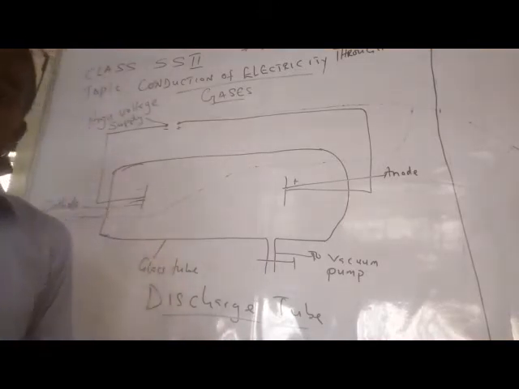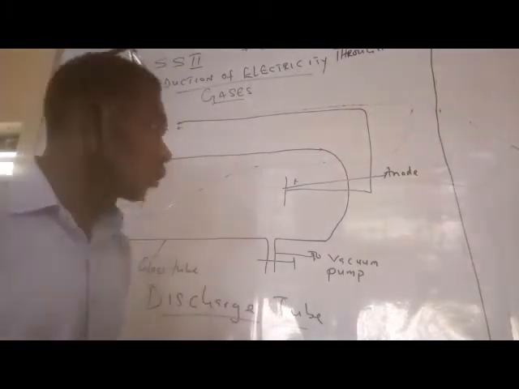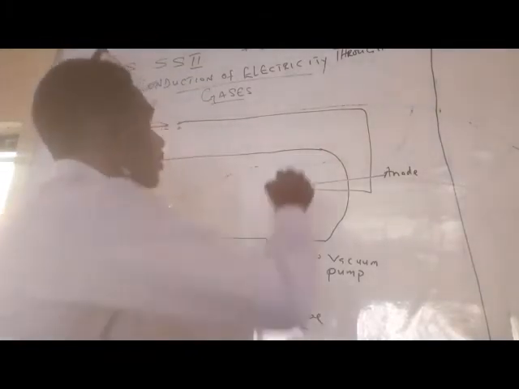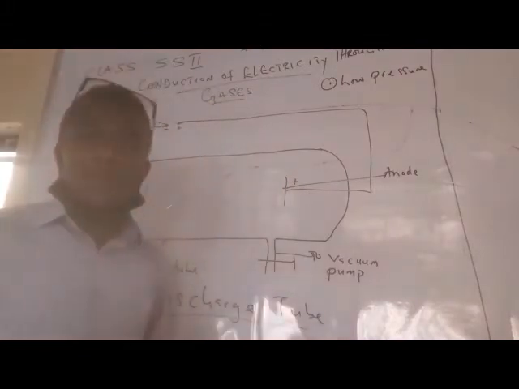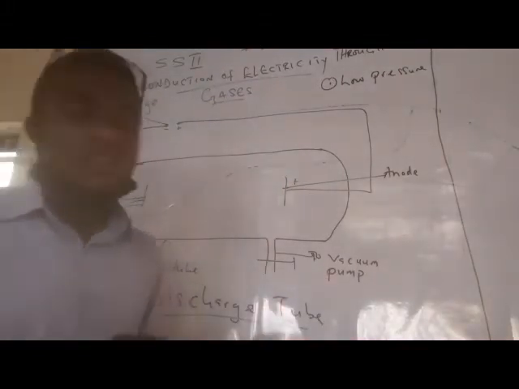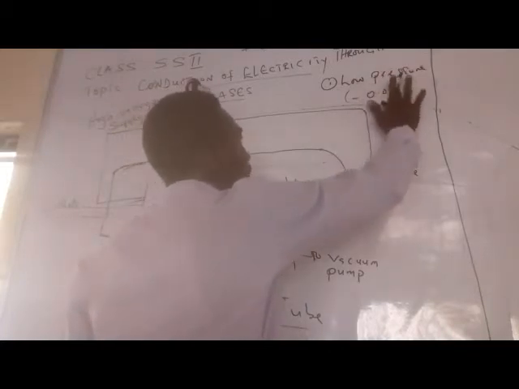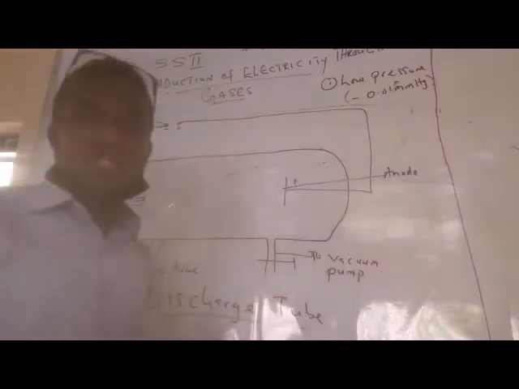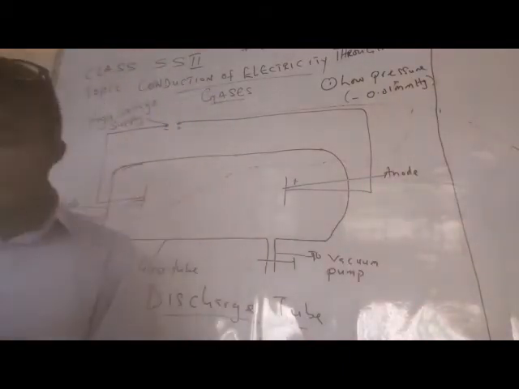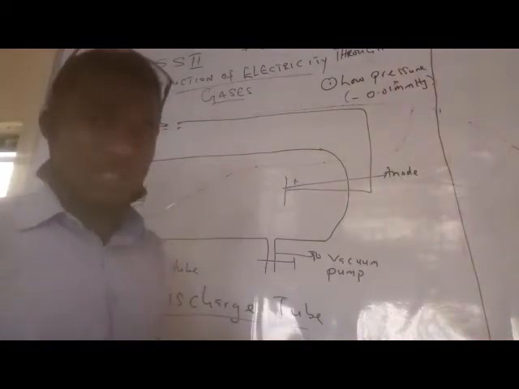Experiments with the discharge tube show that gases conduct electricity under low pressure. And this low pressure, we're talking about the value of 0.01 millimeter mercury. That is the pressure under which gases will conduct electricity.